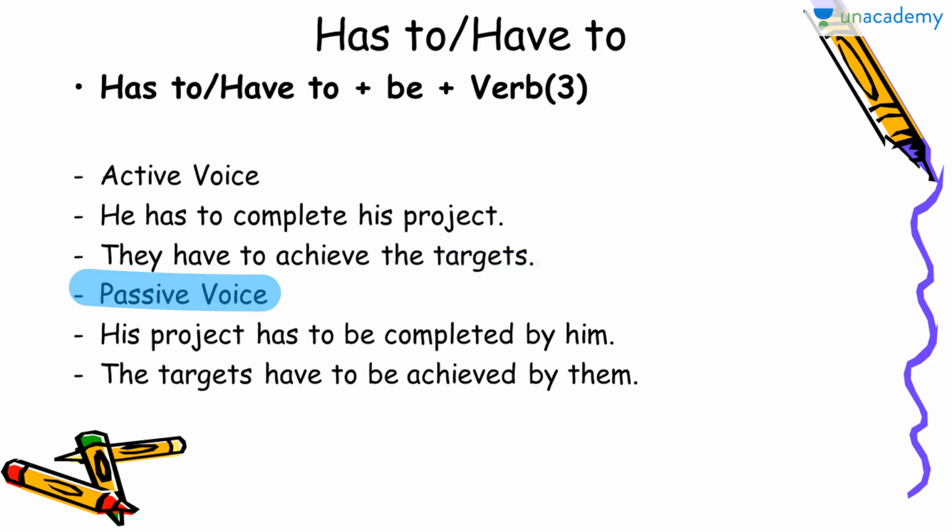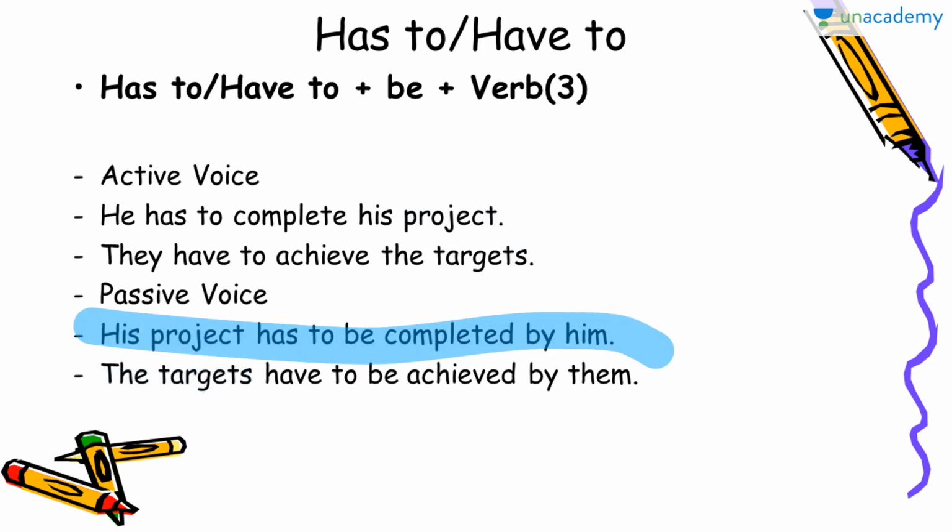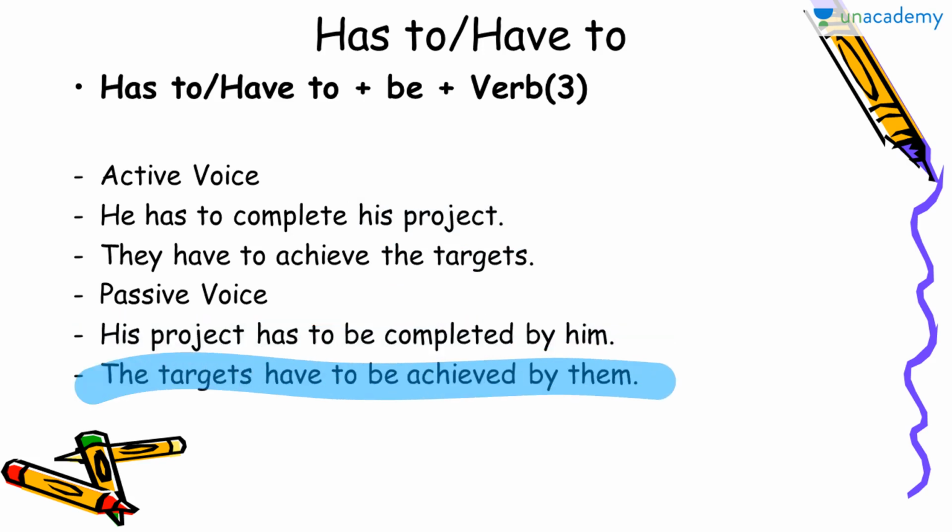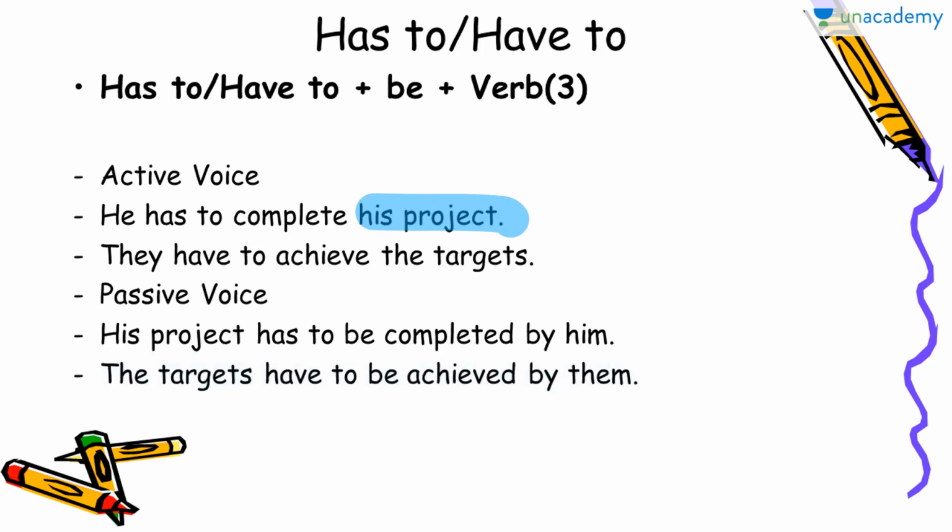Now while changing this to passive voice, his project or the targets will come at the start. Let's read the example first. His project has to be completed by him. The targets have to be achieved by them. So his project will come at the start and it is singular. That is why we are using has, and then to will be at its own place along with has, then be, then completed, the third form of complete, and by whom is it done?